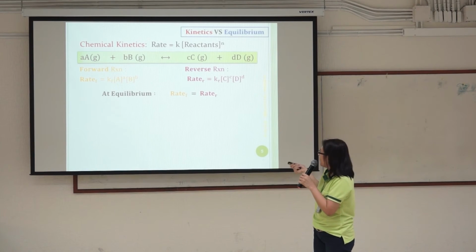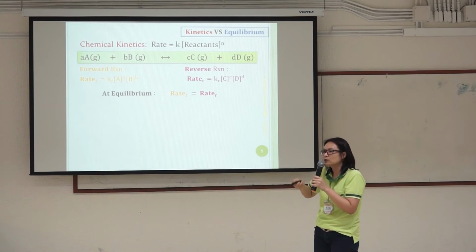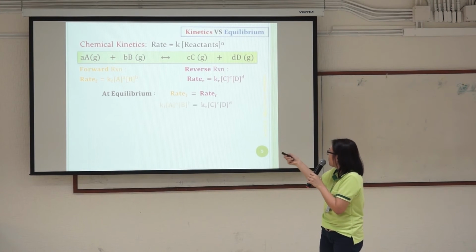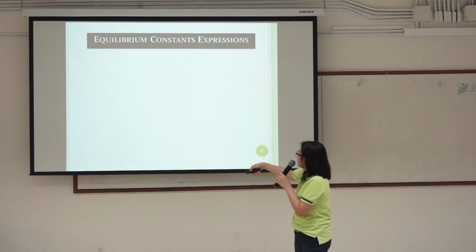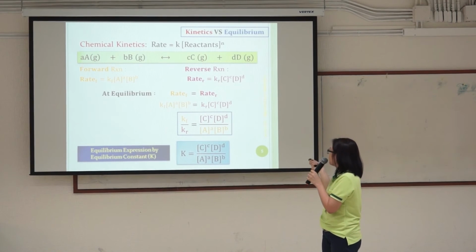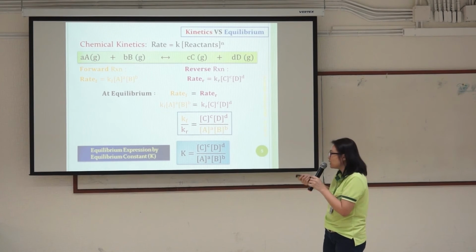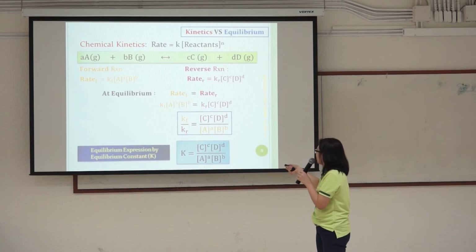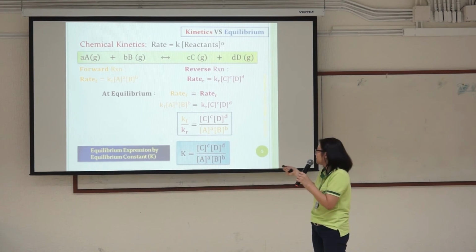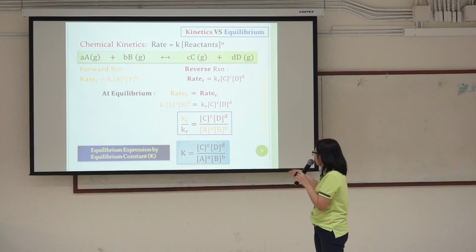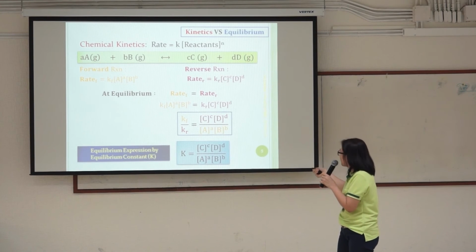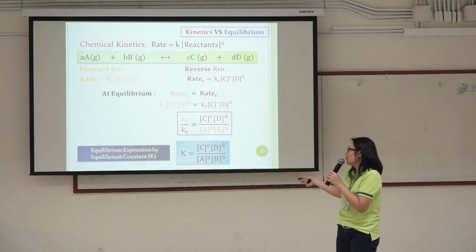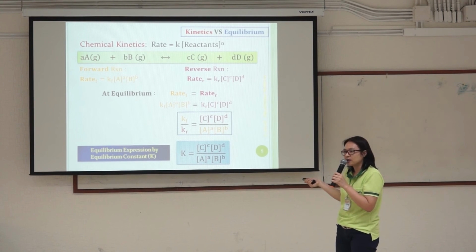As you know, when it goes to equilibrium, the rate of the forward reaction and the rate of the reverse reaction are equal. So when we derive this, it becomes the ratio of the rate constant of the forward reaction and the rate constant of the reverse reaction. It becomes equal to K when we express the equilibrium state of the reaction.